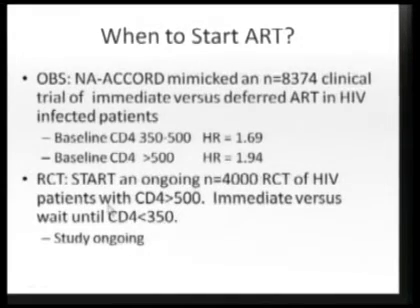A few years ago, there was an important observational study called NA-ACCORD, for North America, Accord for, I guess, the collection of people working on it, where they tried to use modern causal methods to mimic a clinical trial of immediate versus deferred ART in HIV-infected patients. The basic method that they used there was inverse probability weighting. It was a very complicated statistical model, actually.